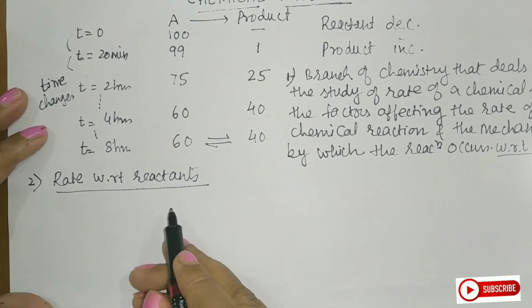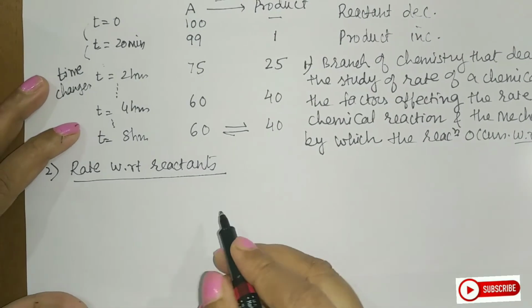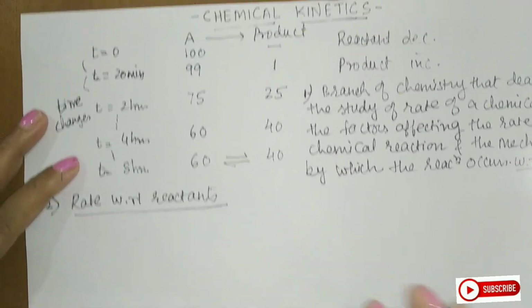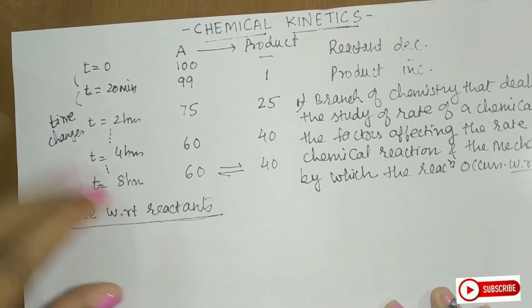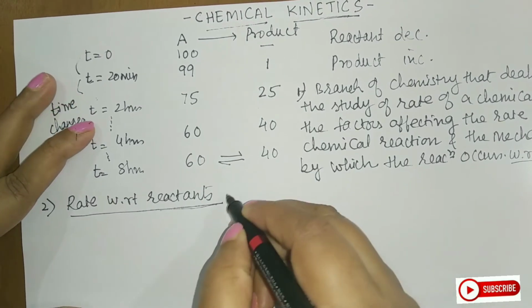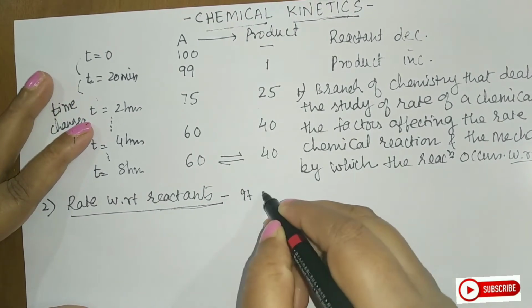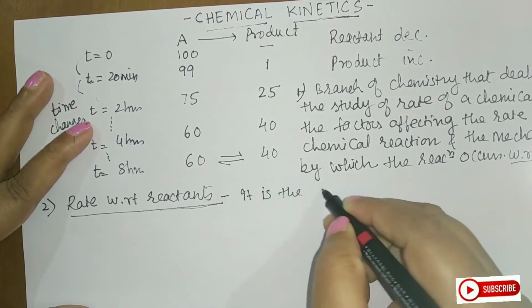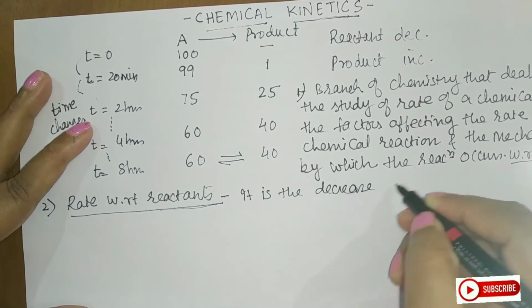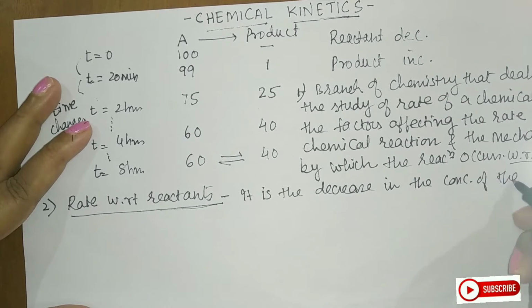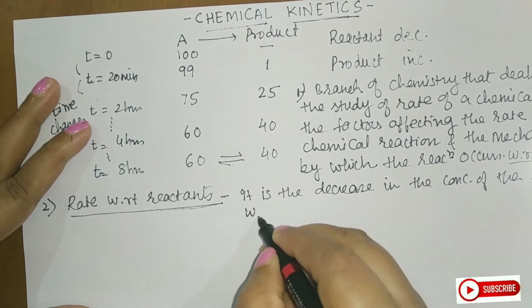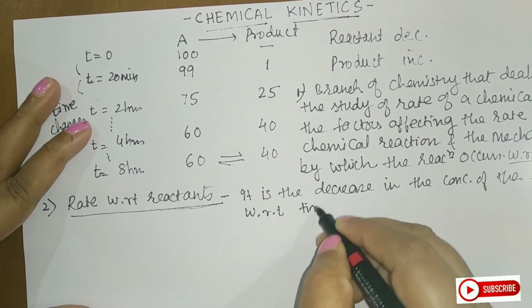So rate with respect to reactants. Let us see first for the reactants. Now what is happening to the reactant, students? Its concentration is decreasing, and therefore I can say that it is the decrease in the concentration of the reactants with respect to time.